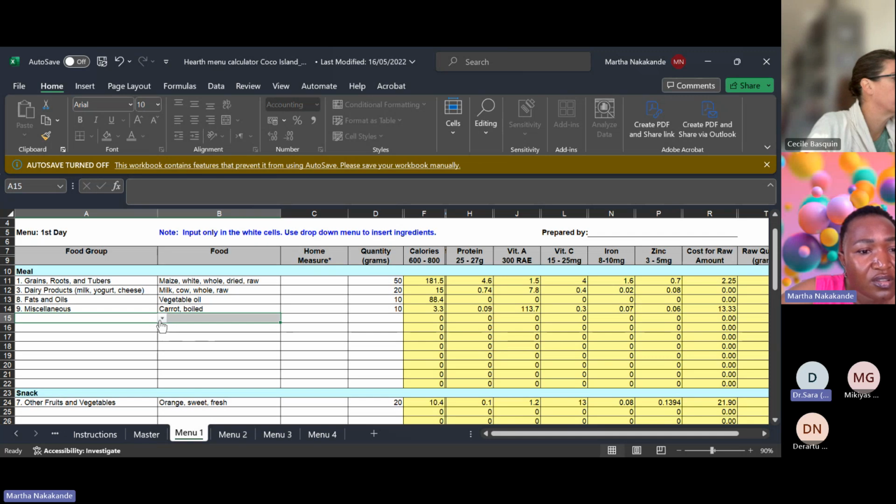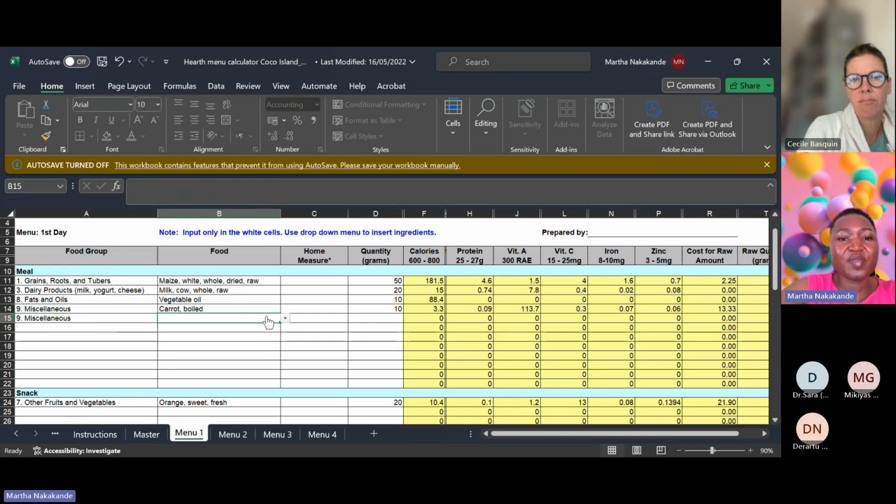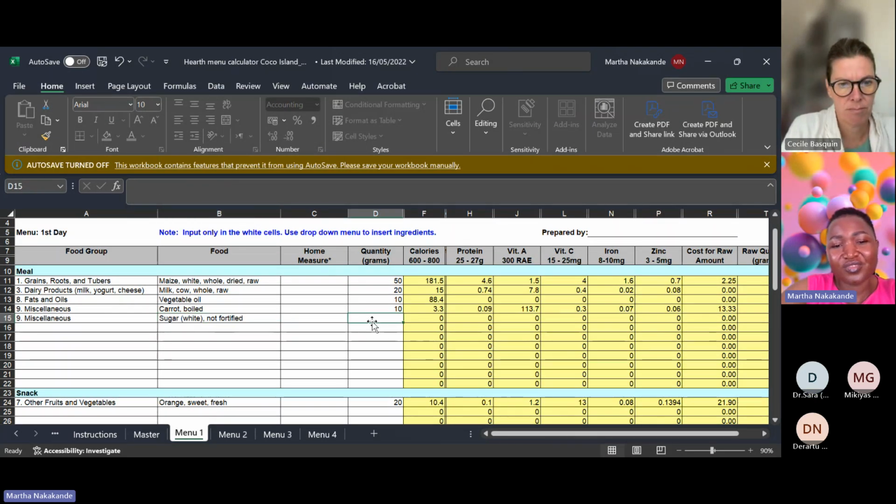It's in miscellaneous, number 9. So when we come here, we're going to call it sugar, white. And maybe you're going to add a teaspoon, which again is too much. I'm not going to go into the cost.